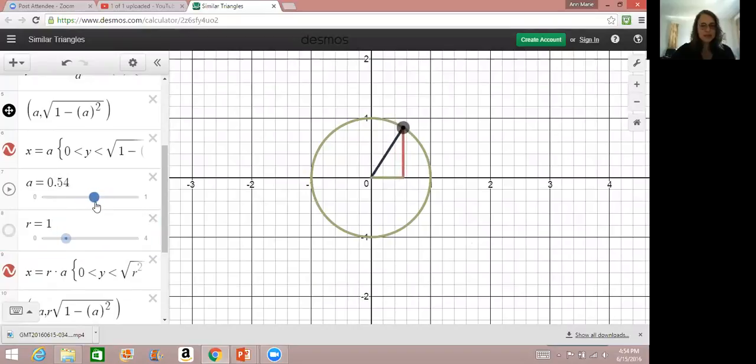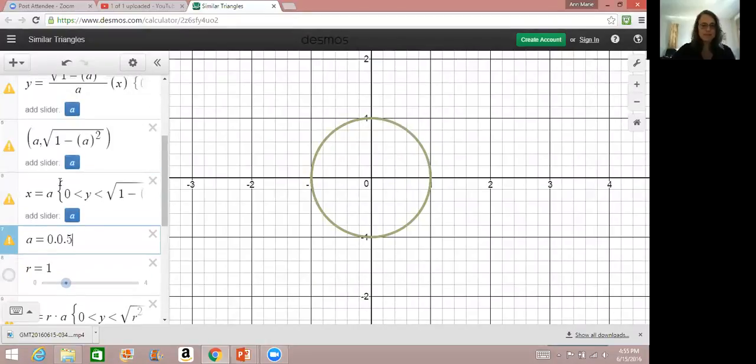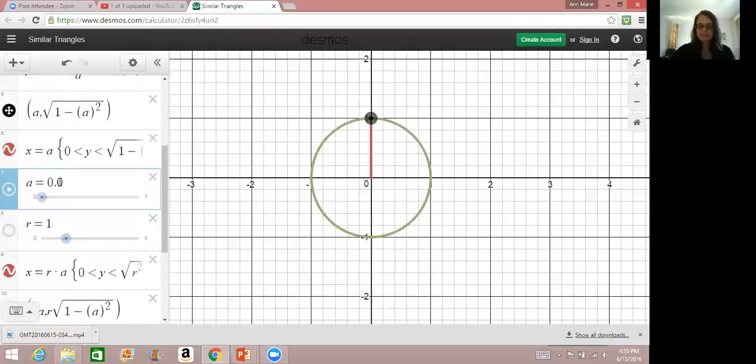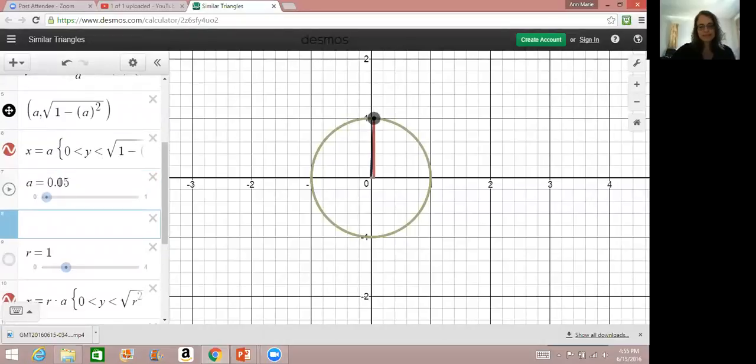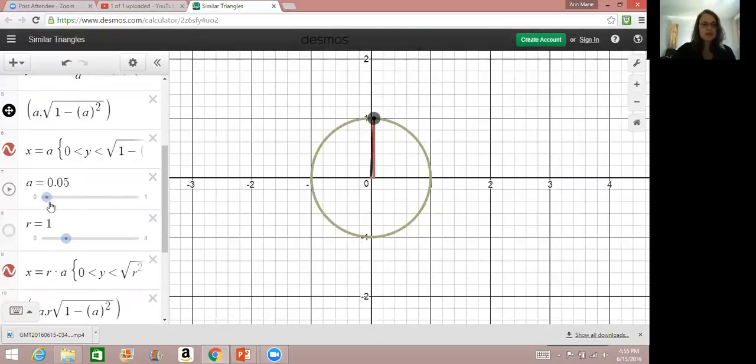Let's say I look at the point. If my x is 1, obviously I'm clear down here. If my x is 0.5, well, there is an x of about 0.5.